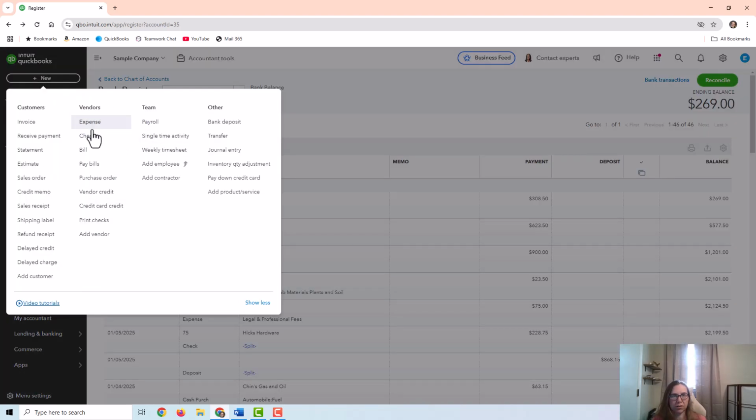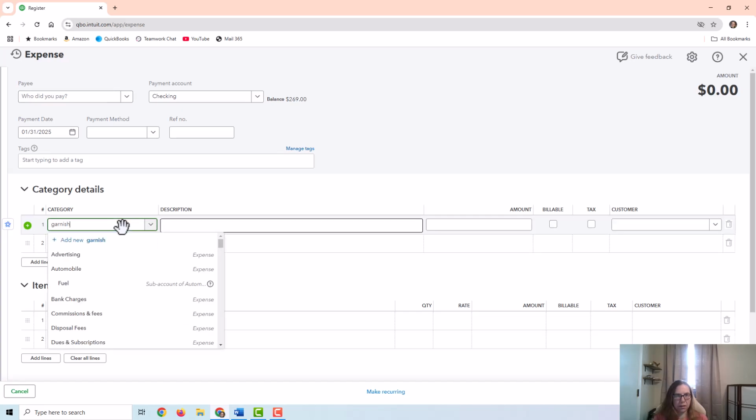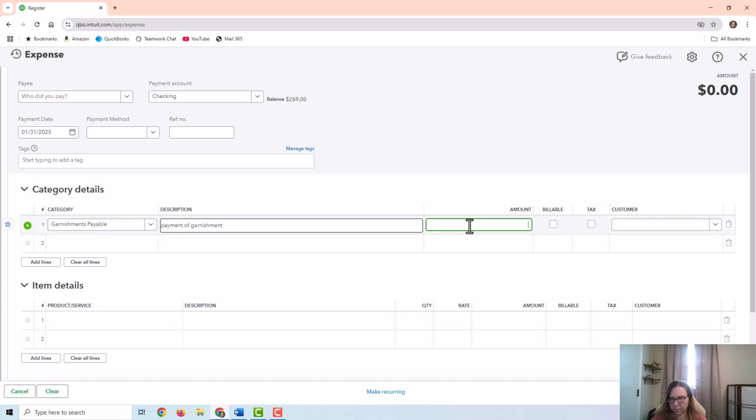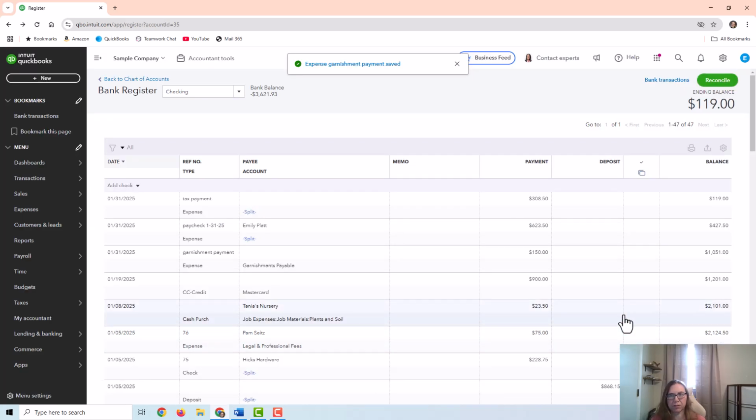So let me show you that. So over here in the payment, it is a positive. Okay, and I'm going to go ahead and save and close. And what I'm going to do now is go look at the reports so we can see how this all plays out on the reports and how it affects the bottom line of the business.